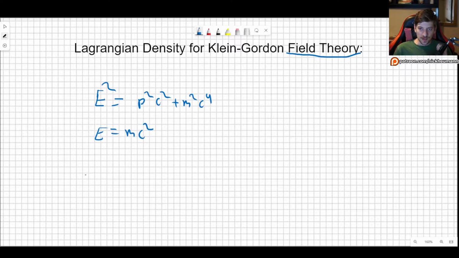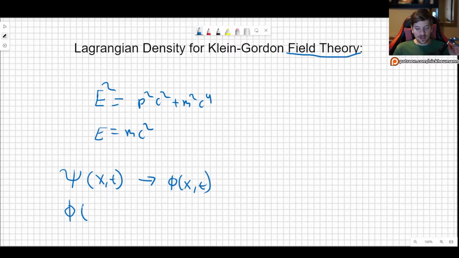Previously we had this psi of x comma t, and we even at some point used the notation phi of x comma t. What we are now going to do is use a phi again, but this time it's not going to be a wave function like we had before. Now it's going to be a field. From now on, our phis are going to be fields, not wave functions, because wave functions described a single particle. Now we have these field things.